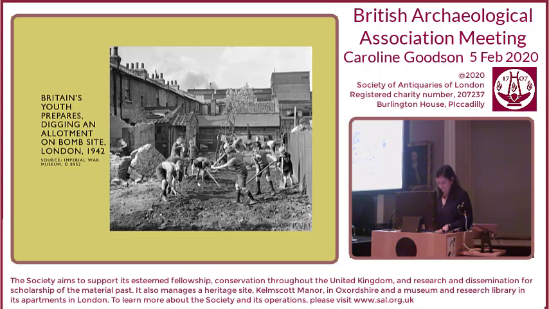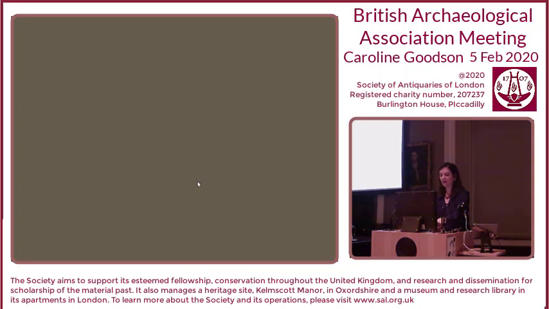So I am going to make the case that while we've known about this evidence, that there was food cultivation, or at least gardening, in early medieval cities, that we need to analyze it further. And I think that what we should do with it is reconfigure our understanding of medieval cities, to acknowledge that the unbuilt parts of the city were as critical to the workings of power and of status as the buildings were.